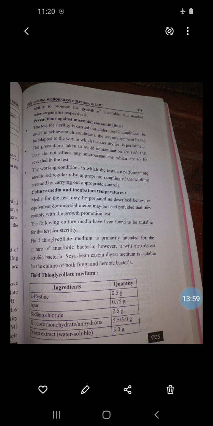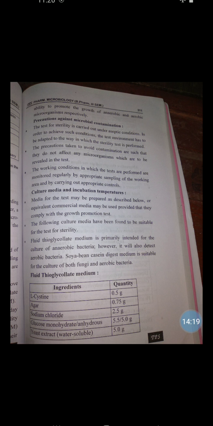First, fluid thioglycolate medium. It contains L-cysteine having quantity 0.5 gram, then agar 0.75 gram, then sodium chloride 2.5 gram, then glucose monohydrate or glucose anhydrous 5.5 gram or 5 gram, then yeast extract, this extract should be water soluble, 5 gram.